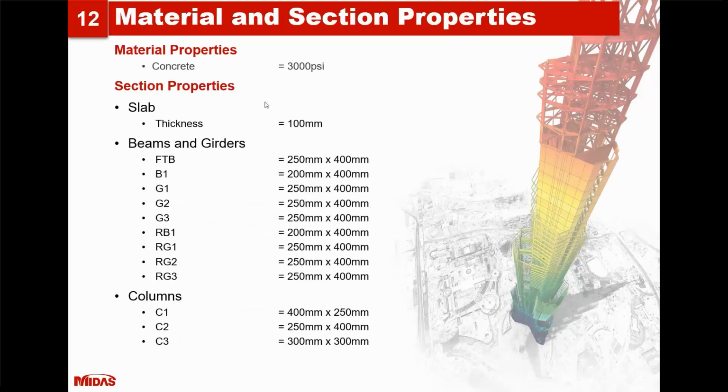And here are the material and section properties that we're going to use. So we have a concrete strength of 3000 psi, thickness of slab 100 mm, and then here is the list of beams and girders as well as the columns that we use in the model.